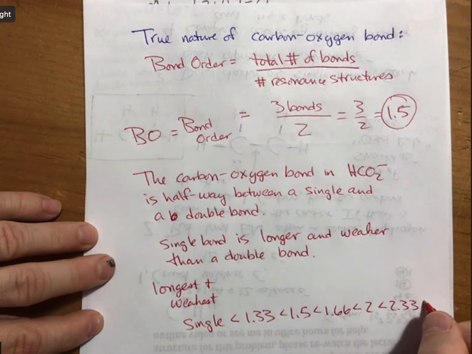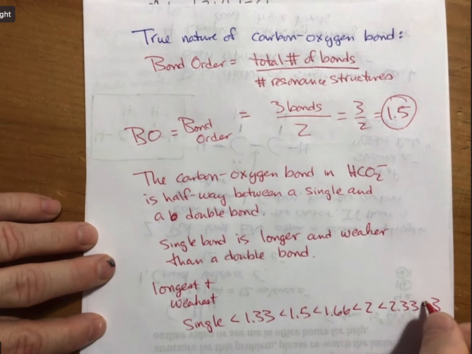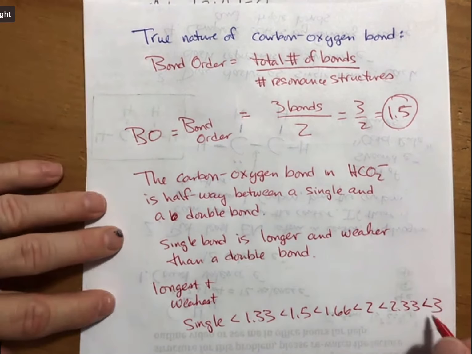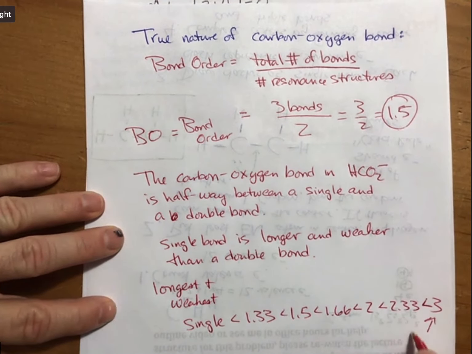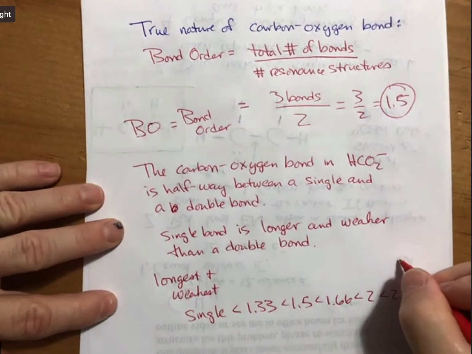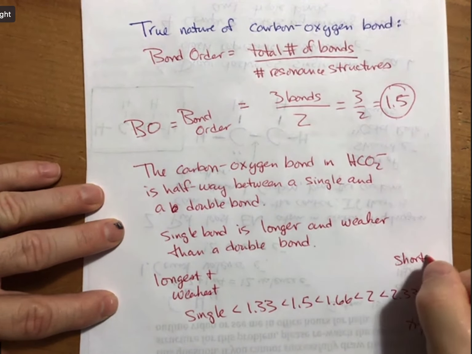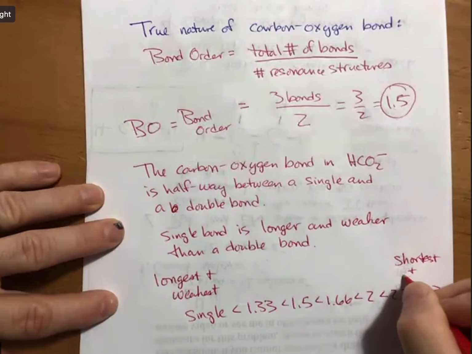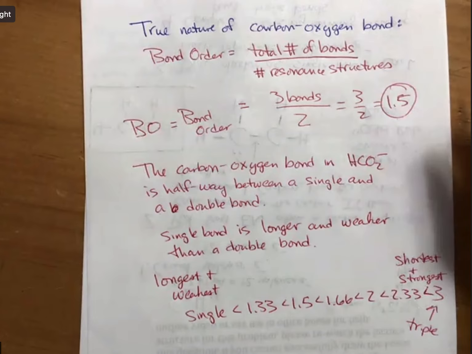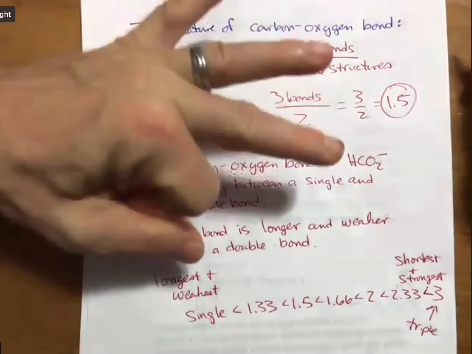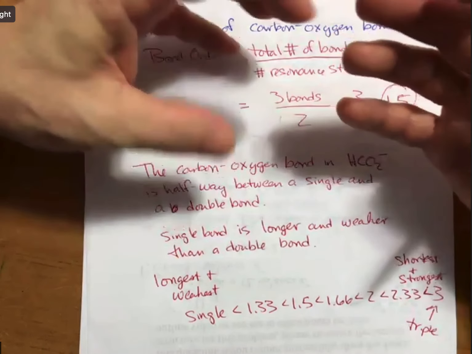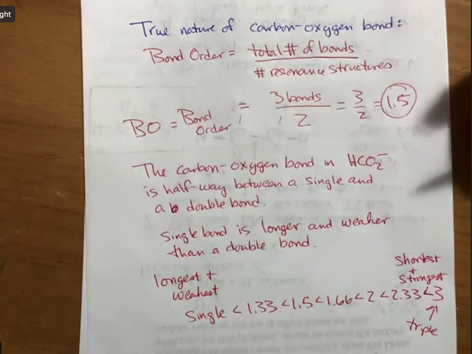These are all possible. And then a 3 bond order, which would be a triple bond, would be the shortest and strongest. Because a triple bond amounts to 3 pairs of electrons shared between the 2 atoms, and that creates a very strong bond.